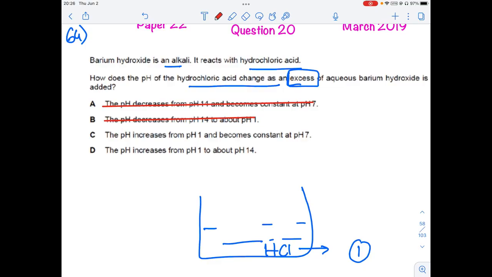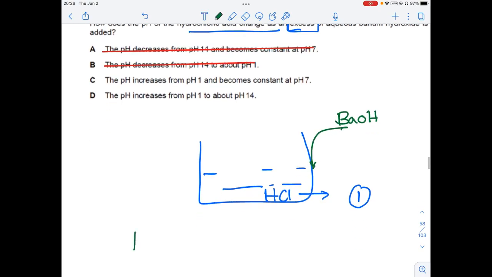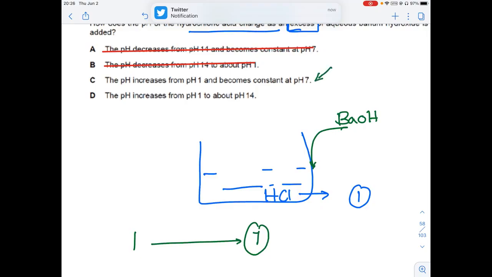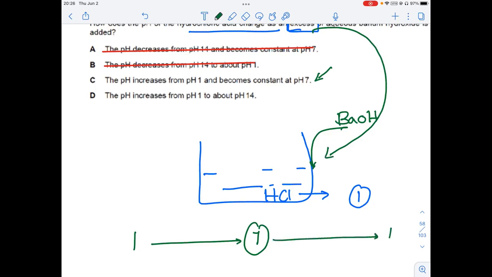Now what am I adding? I am adding barium hydroxide. Barium hydroxide is a base. So when you add it, the pH from 1 becomes 7 because it is a neutralization reaction between an acid and a base. Many students will write 7, but that is a wrong option because you are adding excess. You keep on adding, adding, adding. After neutralization also, you are not stopping.